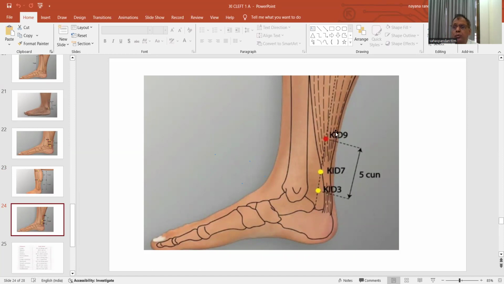Kidney 9 is the xi-cleft point of the yin linking vessel and is traditionally indicated for acute mental disorders such as madness, mania, schizophrenia, mental depression, raving, fury, and cursing, vomiting of foamy, watery saliva, and thirsty tongue.